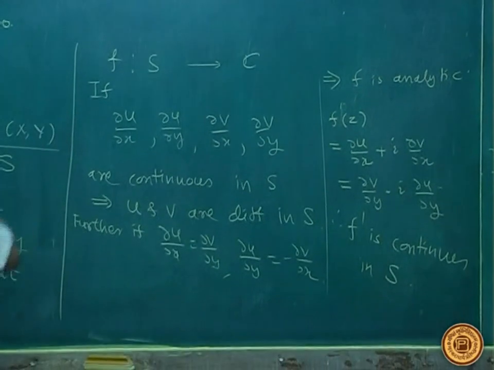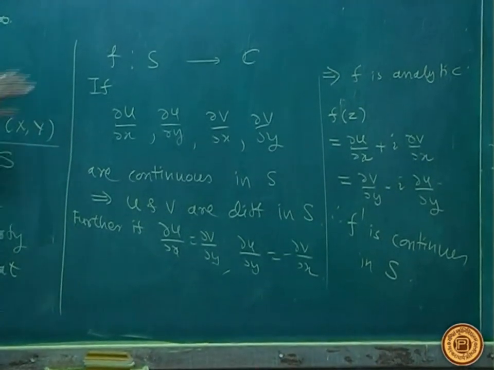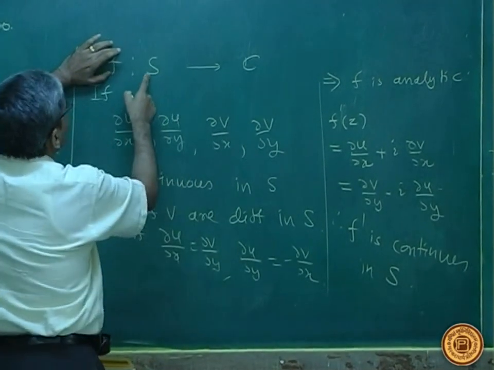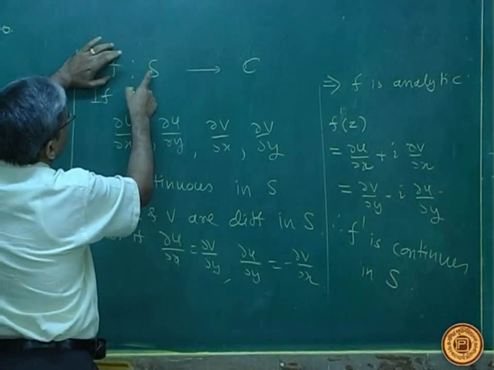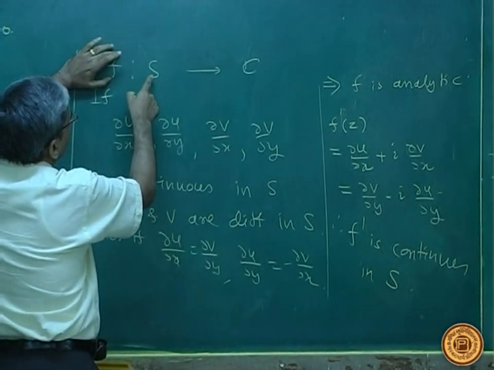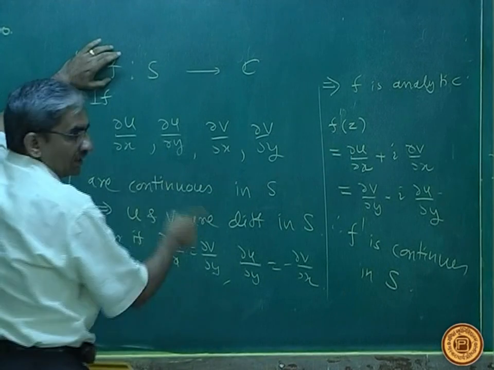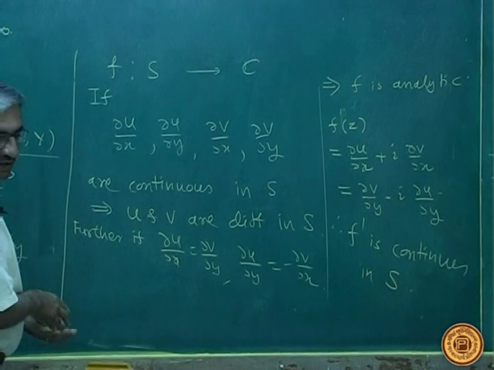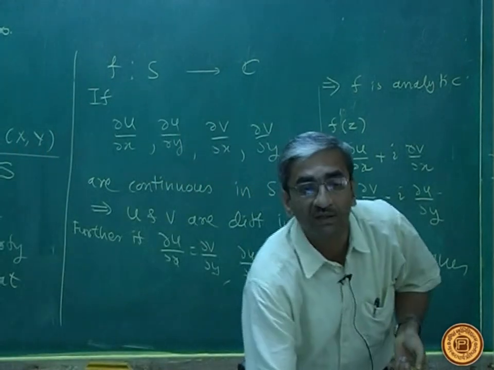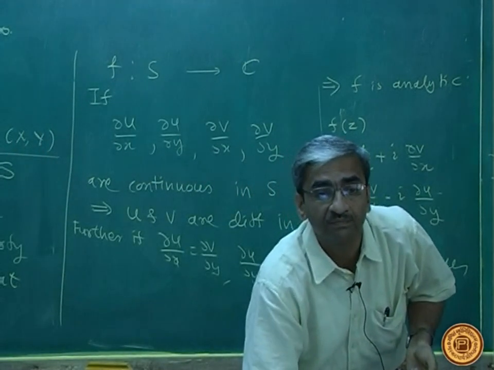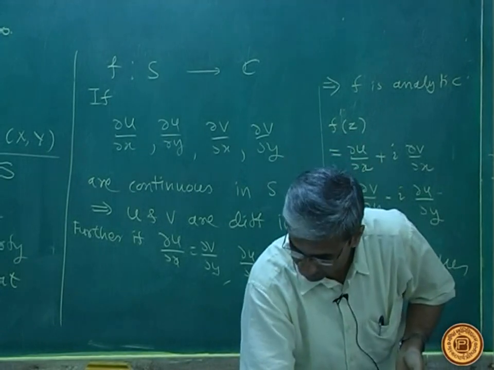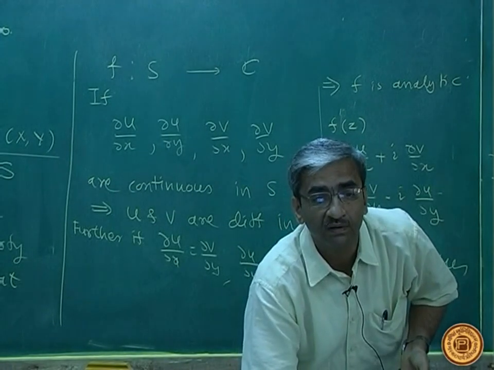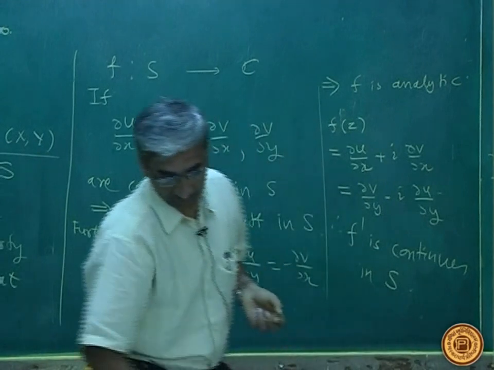And the converse is of course obvious. Suppose f is analytic. Just observe the argument. In fact, it is given to you there, maybe next page, theorem 6.2, the proof of theorem 6.3.